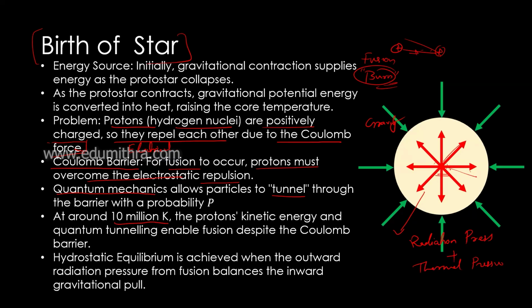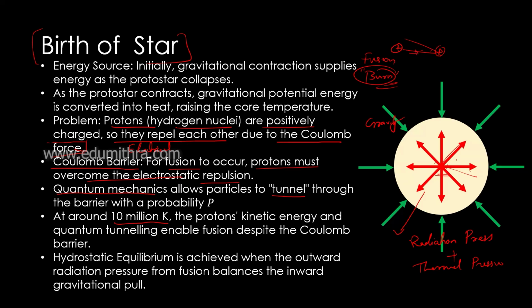But at the same time, gravity is pulling inwards, and they are in balance, cancelling each other. That is why the star stays in a stable form like a sphere.